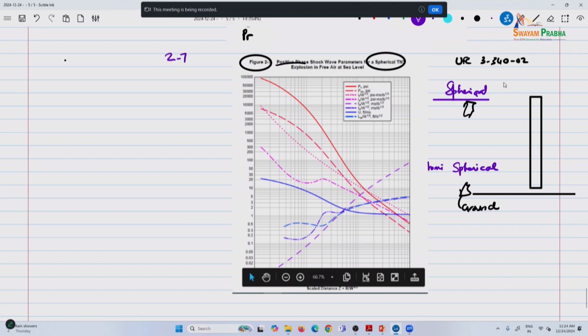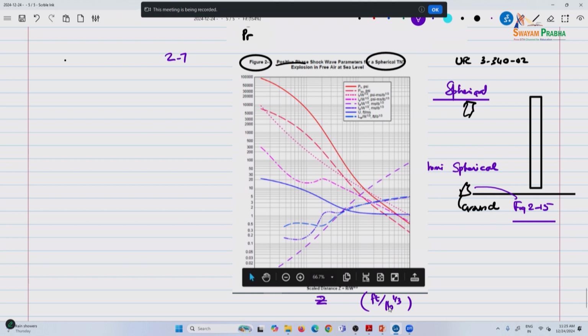Similarly, for the hemispherical, there is figure 2-15, and both are very similar. Now several things to note here. This is the scaled distance, in terms of feet per pound, and you can develop similar curves in SI systems also.